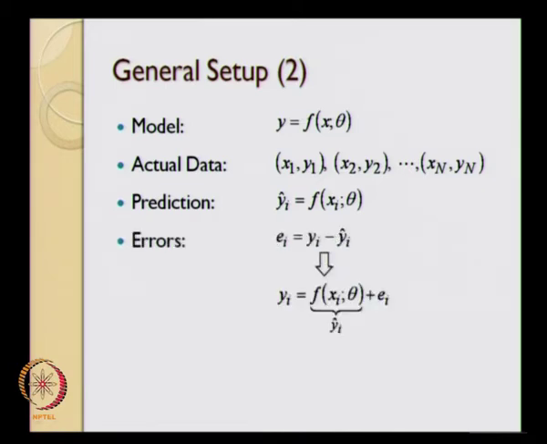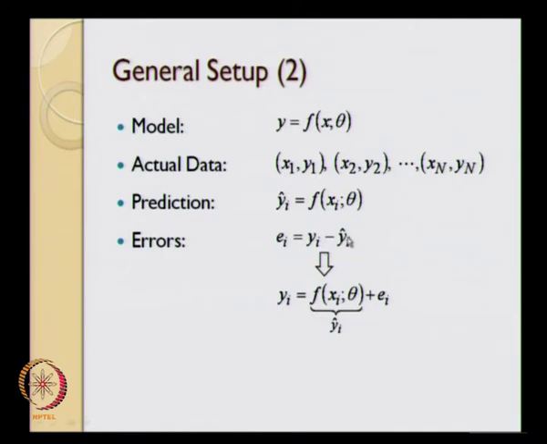Now there is an error, as we showed in the previous graph, between the true data value and the value that is obtained through the model, and this error we will write as e subscript i.